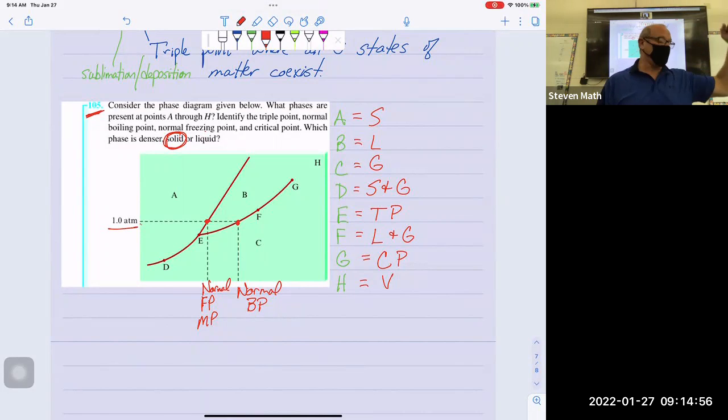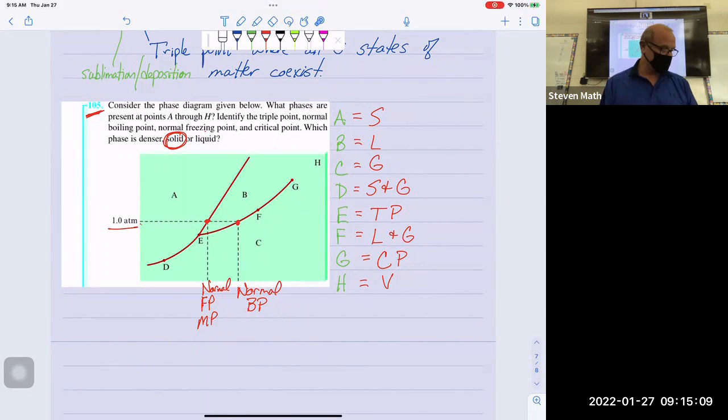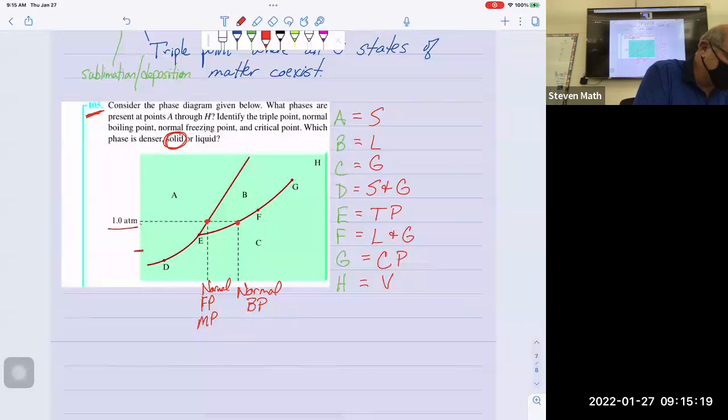So it's kind of cool. At 1 atmosphere, you can see how increasing the temperature, you're going to go from a solid through a liquid and out here to a gas. Look what happens if we cut that in half. Non-normal.